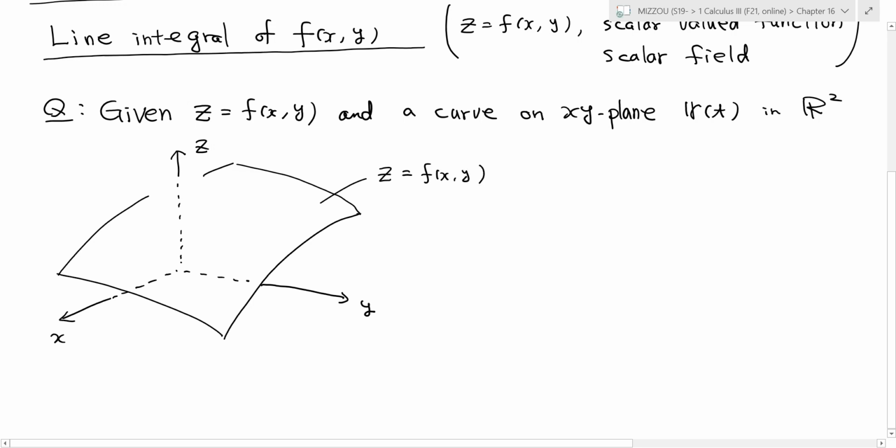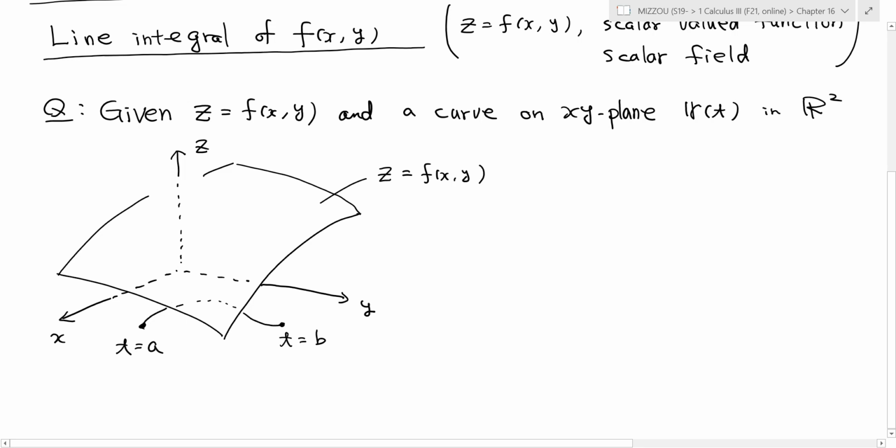Then now, you have a curve on xy plane. Suppose you have a curve of finite length, and suppose the starting point is t is equal to a, and the end point is t is equal to b. At the time a, you are here, and time b, you are here. So you move in this way.